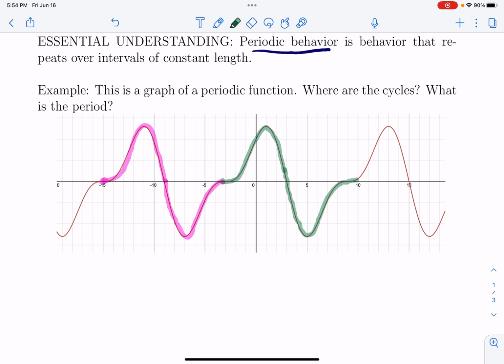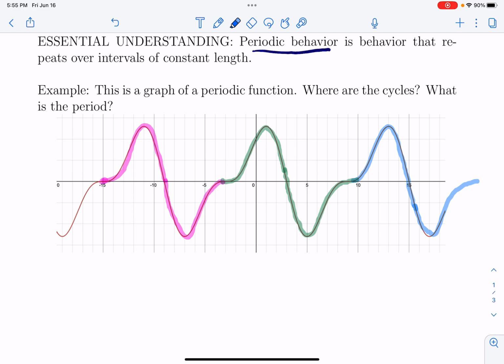It's the same shape, the same size, at the same height. The only thing that's different is that it's been shifted to the right. And we're assuming that this keeps going. So the next one, even if we don't see all of it, follows the same shape. I'm highlighting some of the cycles.